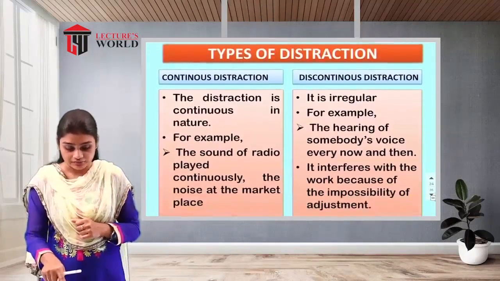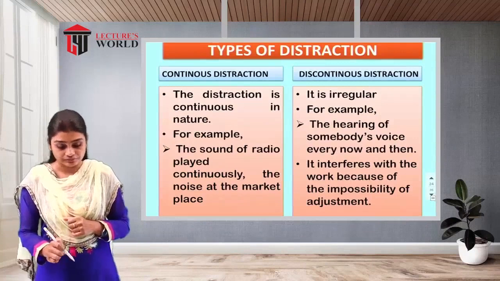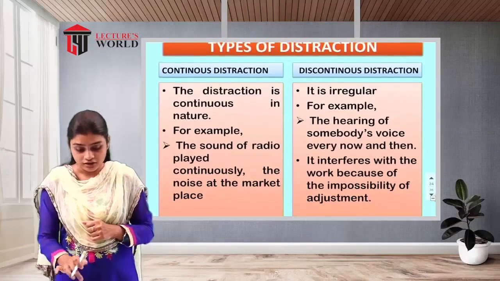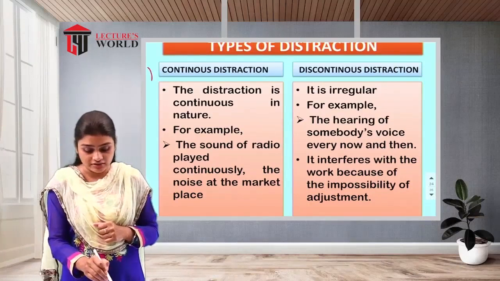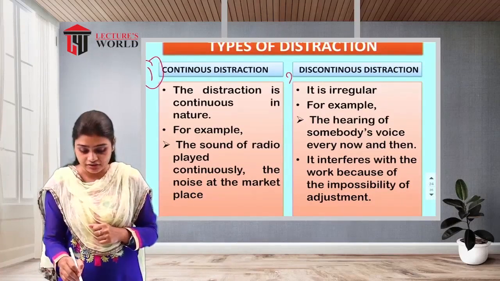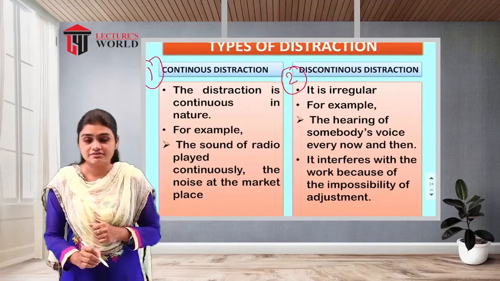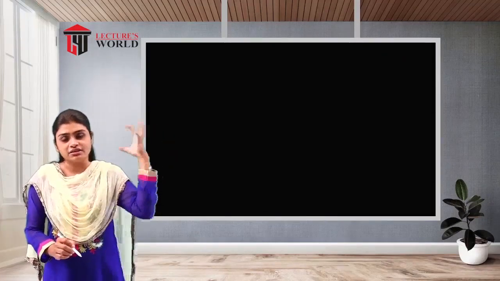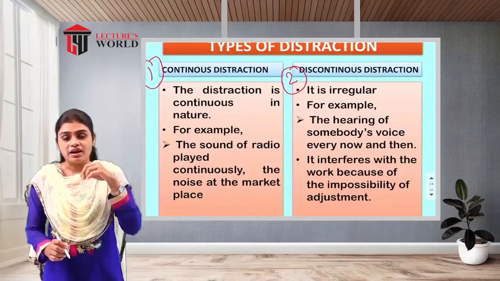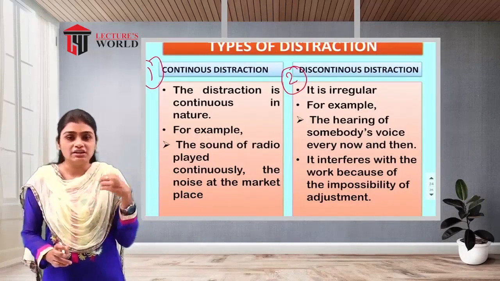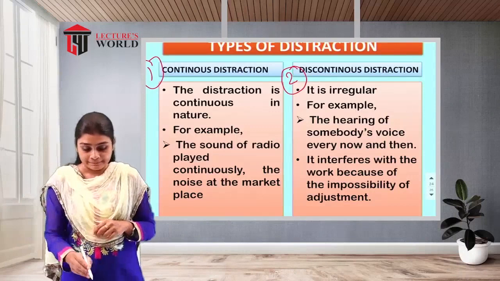Then we have the types of distraction. In distraction, we have two types: continuous distraction and discontinuous distraction. Continuous distraction means that if there is continuous music in the area where I am reading, that is called continuous distraction.